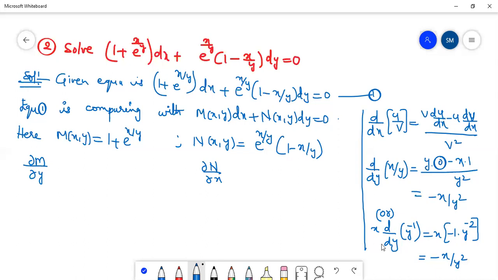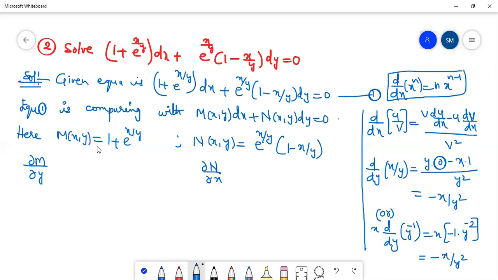This formula uses d/dx of x^n equals n x^(n-1). When it is partial, x is a constant that can be written outside, and we differentiate with respect to y directly using the basic formula of x^n. Or otherwise, if we take the u/v form, in both ways we get the same derivative.